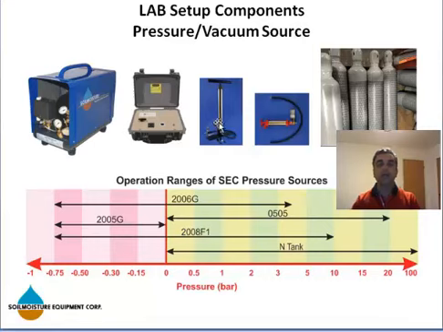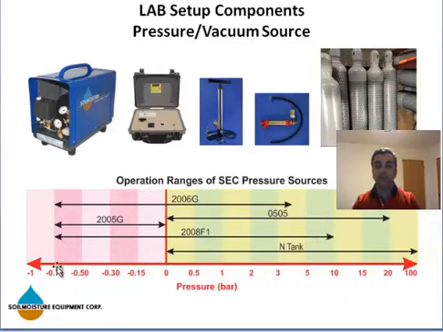So you have a 0 to 20 bar pressure compressor that is called model 0505. By the way, this model is going away and we are replacing it with a better compressor that is called 0500. The next one is model 2008 F1, which is from -1 to +10.